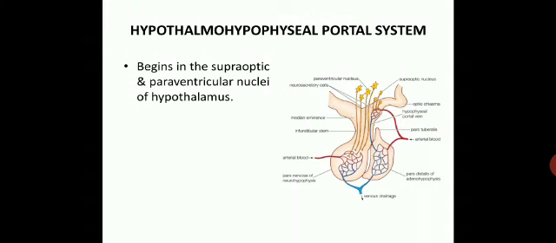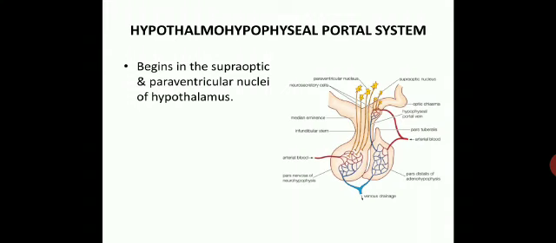It begins in the supraoptic and paraventricular nuclei of the hypothalamus. Its short fibers terminate in relation to capillary tufts of the portal vessels. That will control the secretory activity of the anterior lobe.